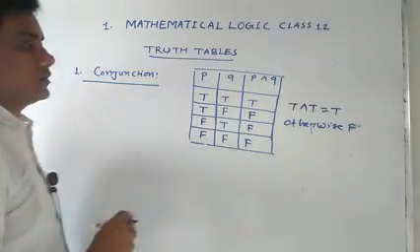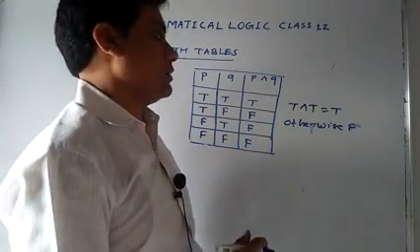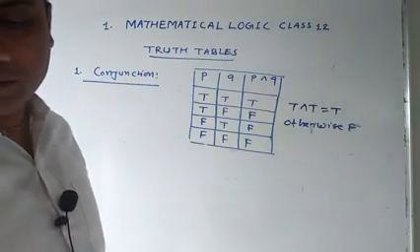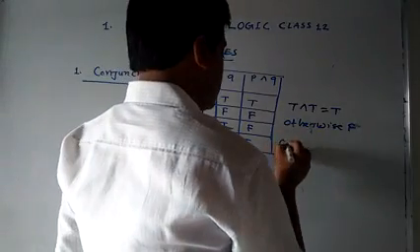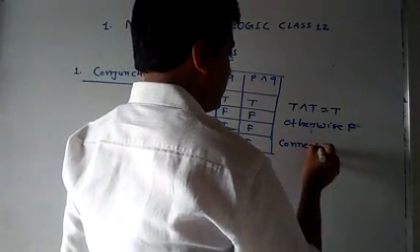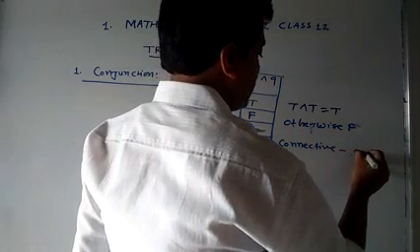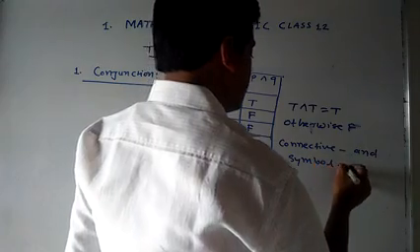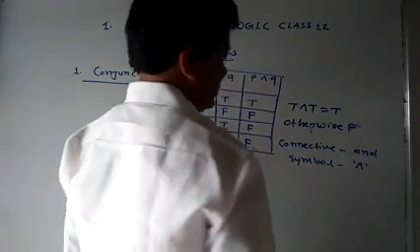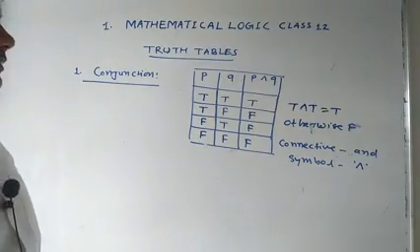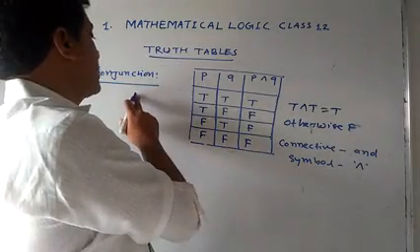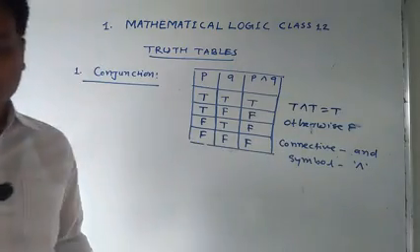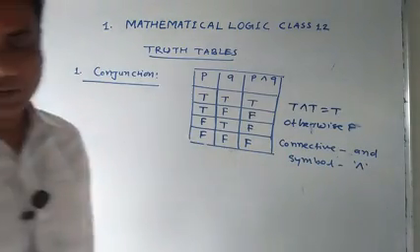Here the connective used is 'and' and the symbol is ∧. Truth table for conjunction: T and T is T, otherwise F.